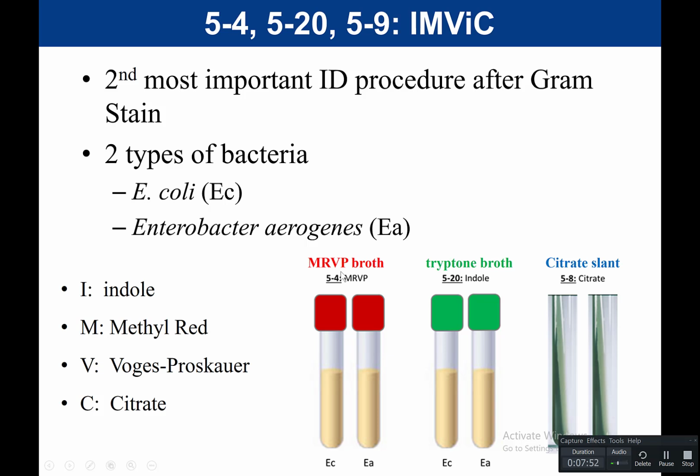For both the MR and the VP biochemical sheet, the name of the media would be the MRVP broth. For the indole test, the name of the media would be recorded as being a tryptone broth. And for the citrate slant, the name of the media is a citrate slant, or more specifically, it's called a Simmons citrate agar slant, but citrate slant would work as well.